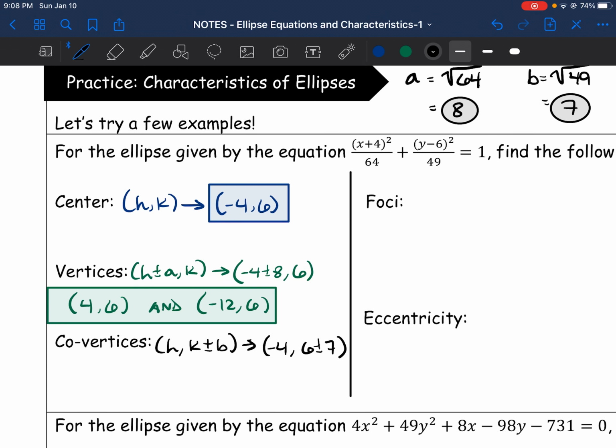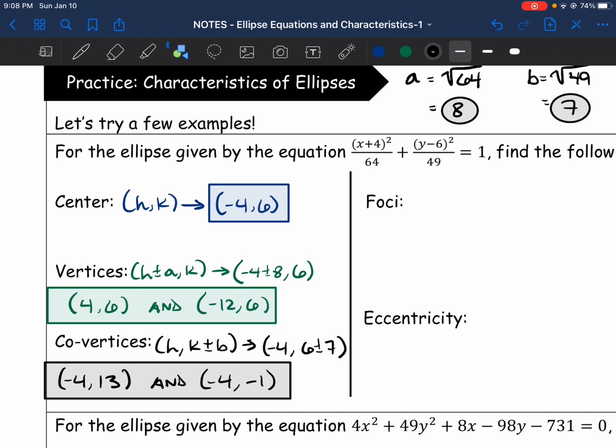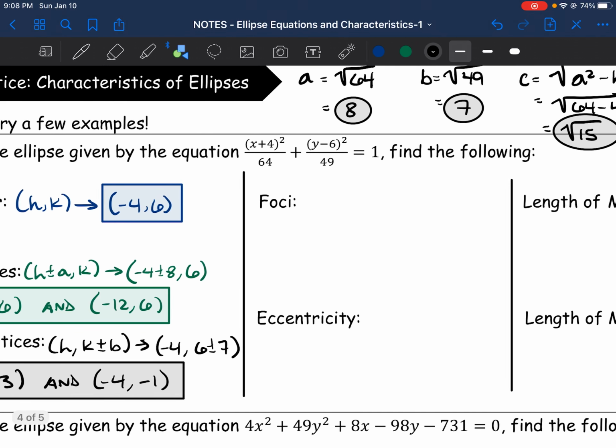So 6 plus or minus 7. That's -4, comma, 6 plus 7 is 13. Then we do the same thing, -4, but this time 6 minus 7, which is -1. All right, so we get -4, 13, and -4, -1.